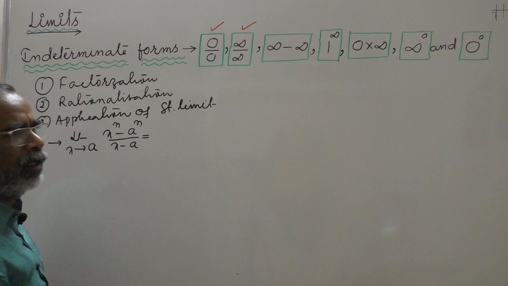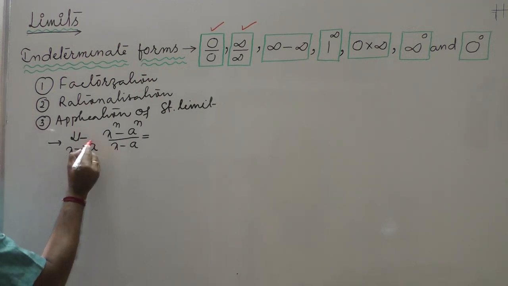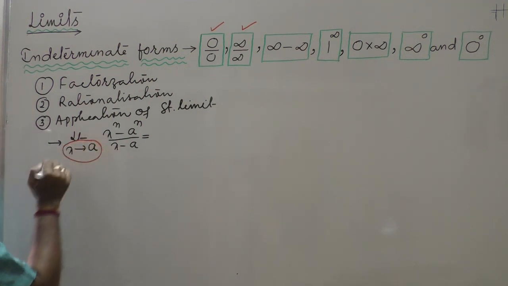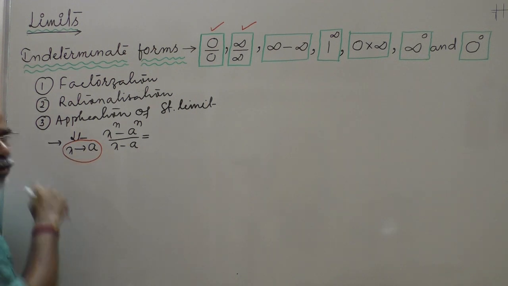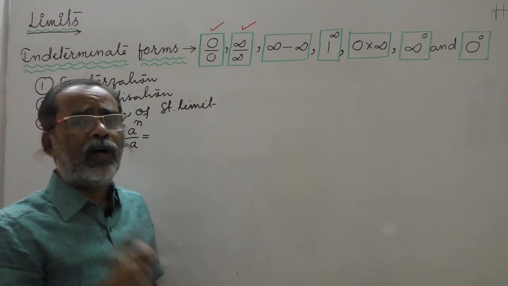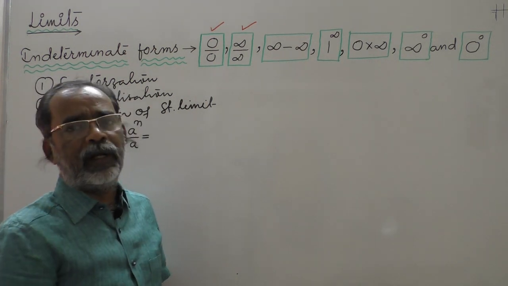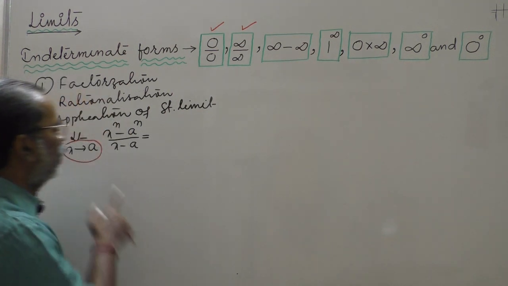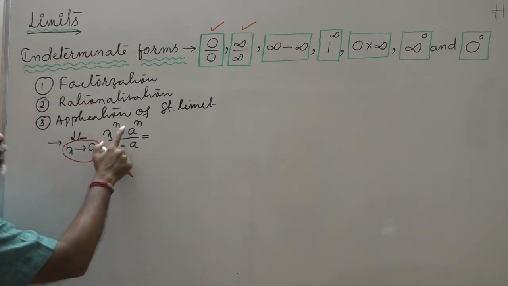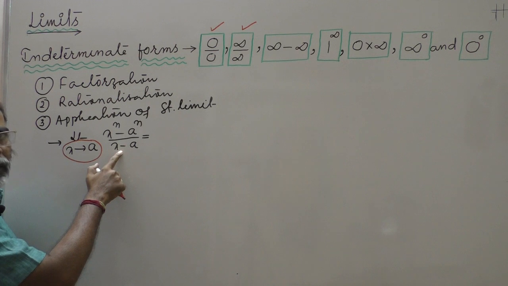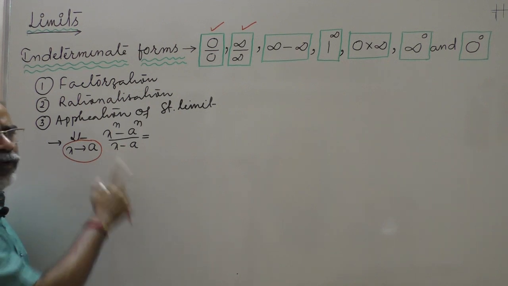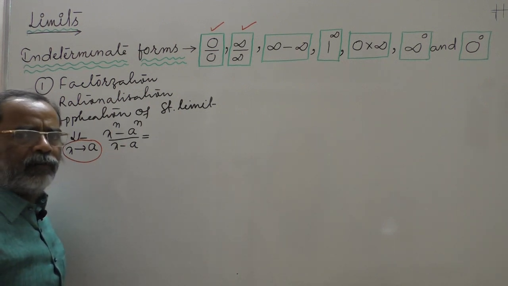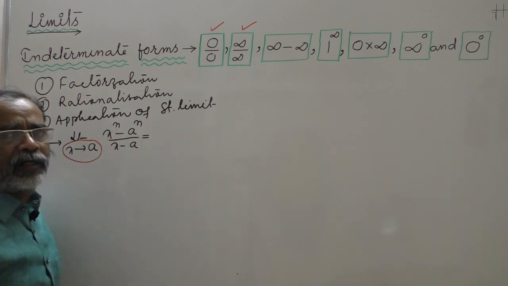And importantly, what is that common factor? When x is tending to a and we are getting 0 by 0 indeterminate form, the common factor will be x minus a.